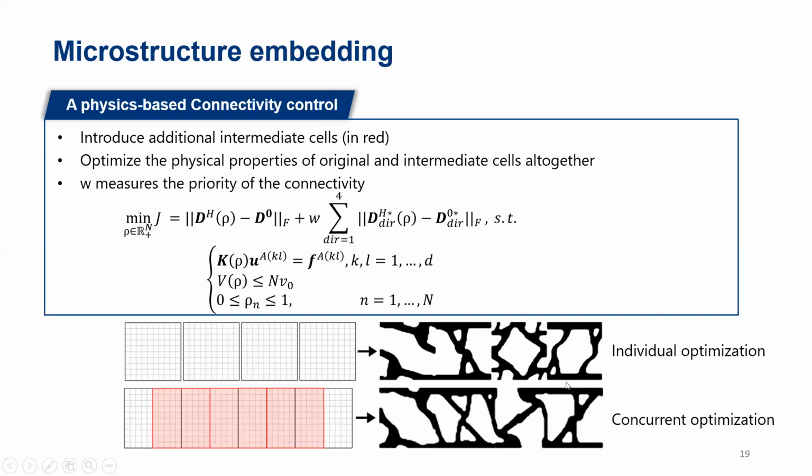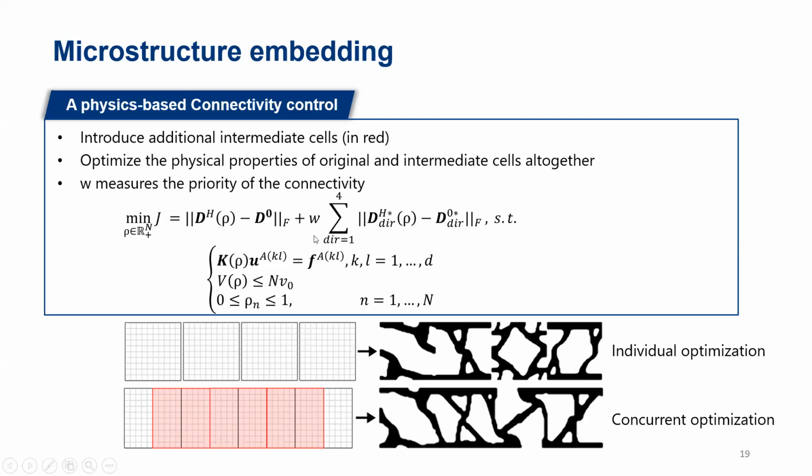We thus introduce a set of intermediate cells, as the red cells in the bottom figure, to connect each pair of adjacent microstructures, and then optimize their physical property altogether. Consequently, when optimizing the microstructures, the elastic tensor matching is required for both desired original and the intermediate tensors.